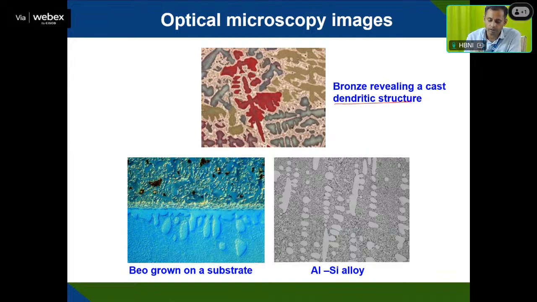This is the bronze, and you can see how this dendritic-like structure is grown on a substrate, or an aluminum silicon alloy with grains and precipitation or something. So this information you can get at the micron scale, like about 20 micron, 30 micron, that scale, you are able to see using the optical microscope.